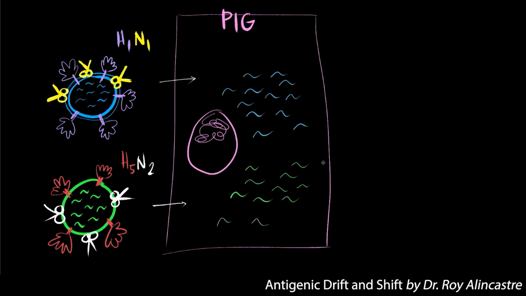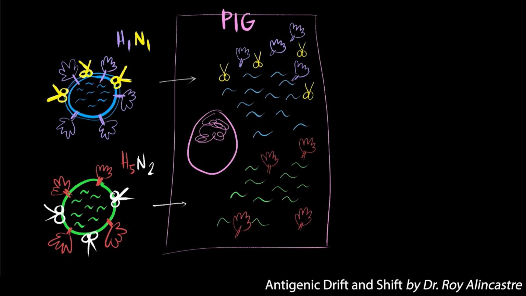Okay? And remember, the endpoint of producing these segments is production of the proteins assigned to them. So the blue segments produce violet H's and yellow N's, right? And the green segments produce red H's and white N's. So when it's time for them to bud, they assemble the viral components.